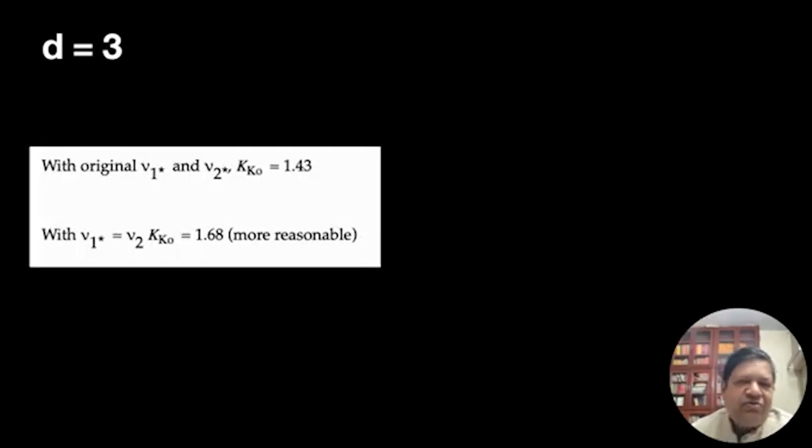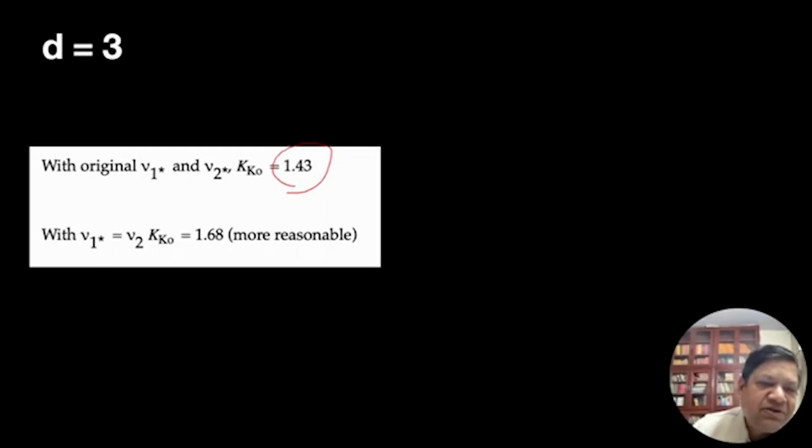In d equal to 3, we need to compute both fluxes, u1 and u2. So we use the original nu1 star and nu2 star. The Kolmogorov constant is 1.43, which means nu1 is 0.1 and nu2 is 0.6.